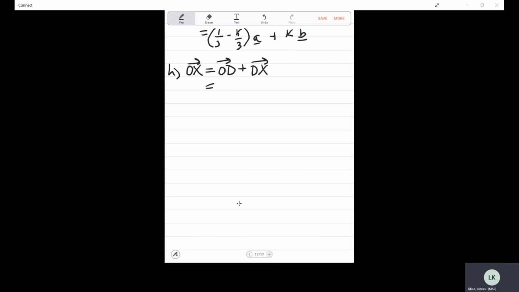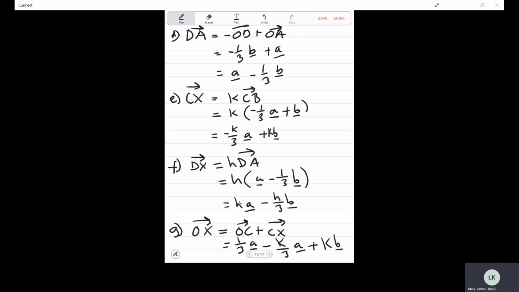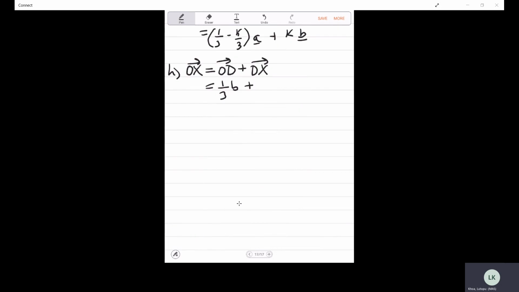Now OD, the answer we got in A, that was 1/3 B. And then DX that we got here, it's HA minus H/3 B. So this was HA minus H/3 B. And then when we simplify it like we did with the previous one, we have HA plus 1/3 minus H/3 B. Now you can see here I have 1/3 minus H/3.